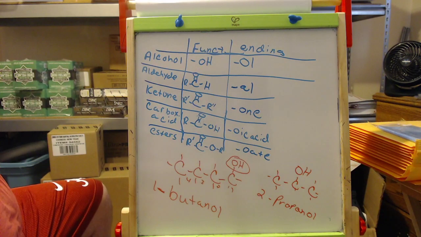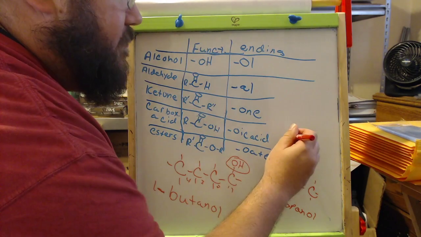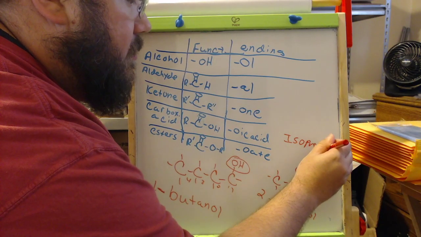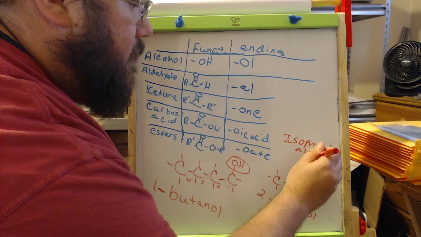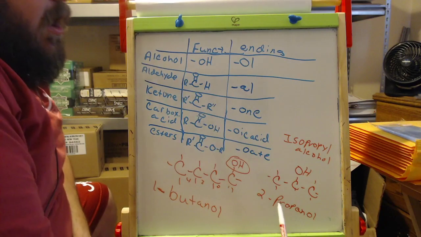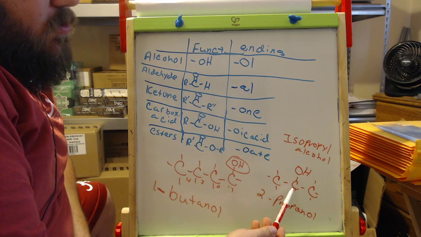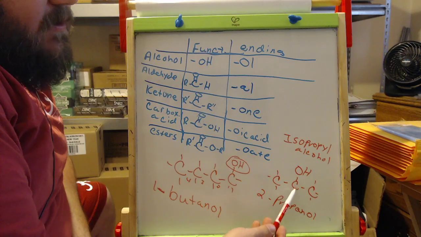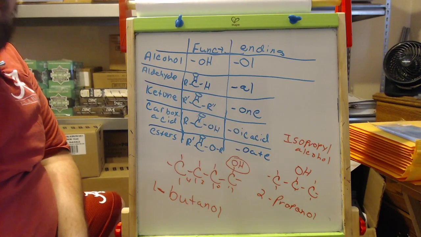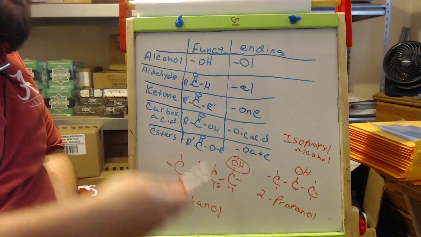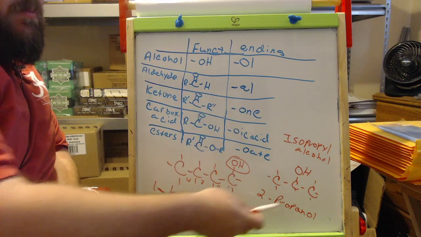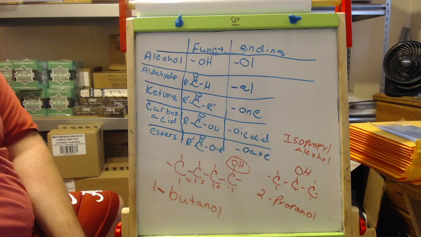So this is 2-propanol, also known as, and we know it as rubbing alcohol, isopropyl alcohol. Isopropyl alcohol, because the OH is on the second carbon in a propyl chain. And if you remember from our last one when we were looking at side chains of propyl and butyl, and then we had sec-butyl and we had isopropyl, that's why it's also called isopropyl alcohol.